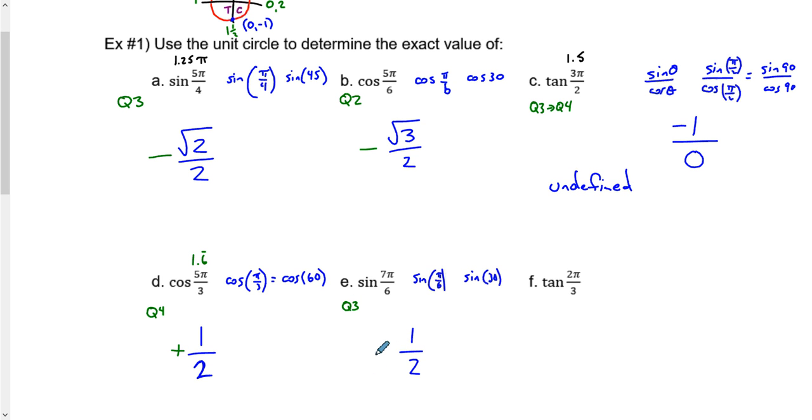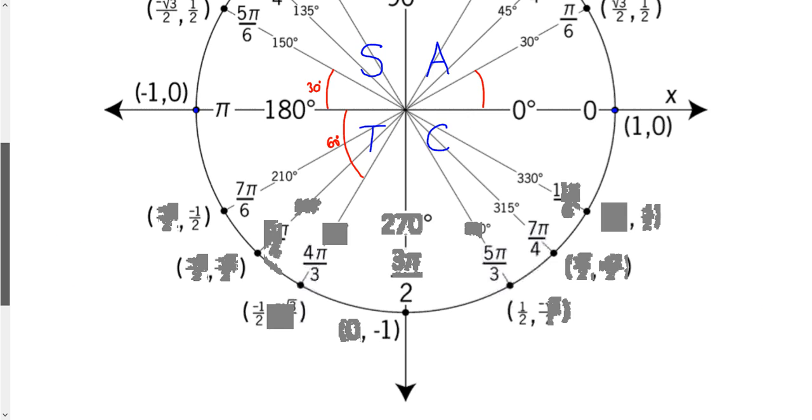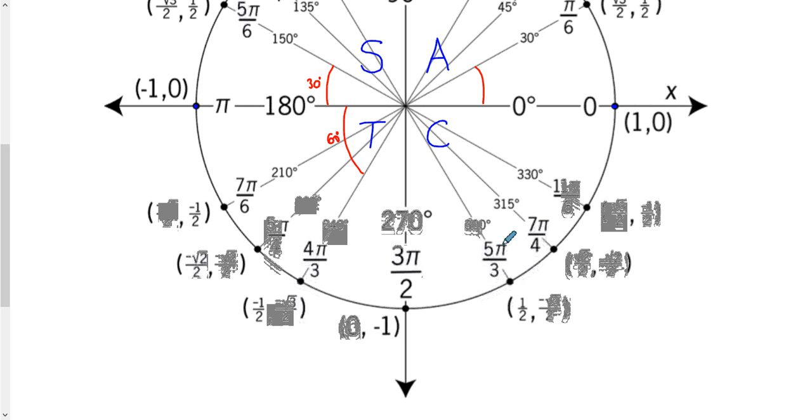Meaning, the only thing positive in quadrant 3 is tangent. Does it have to be negative? All right, let's go back and check these two. 5 pi over 3 and 7 pi over 6. 5 pi over 3 right here, our cosine is a positive 1/2, and at 7 pi over 6 the cosine is negative 1/2, and then the sine.